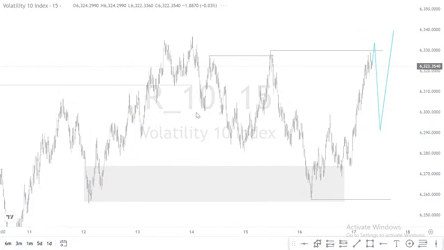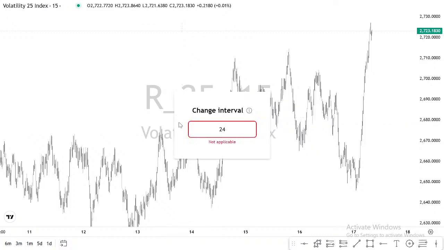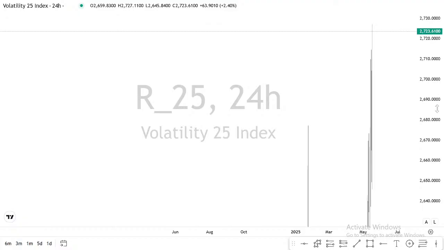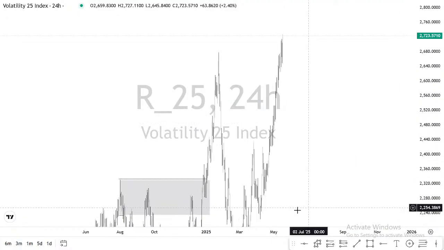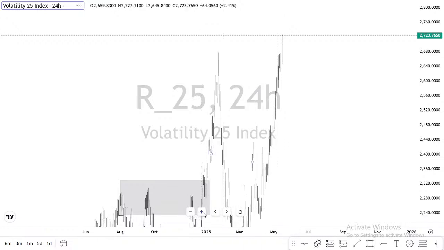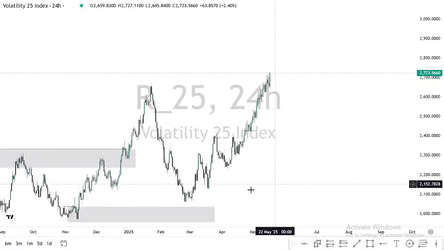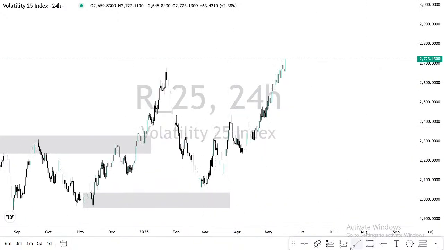Okay, so volatility 25 come up, 24 hours time frame. All right, this is beautiful. So we have our break of structure to the upside already.